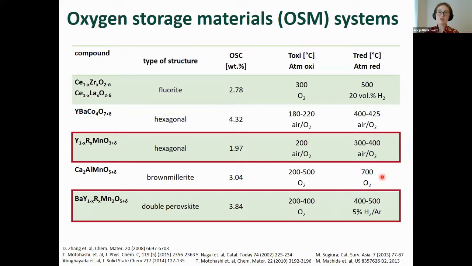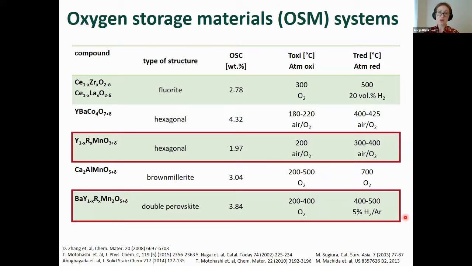So to release oxygen, we need 700 Celsius, which is a little bit much. We want a material that has moderate temperature, both for oxidation and for reduction. That's why I was focusing my research on those two groups of materials.